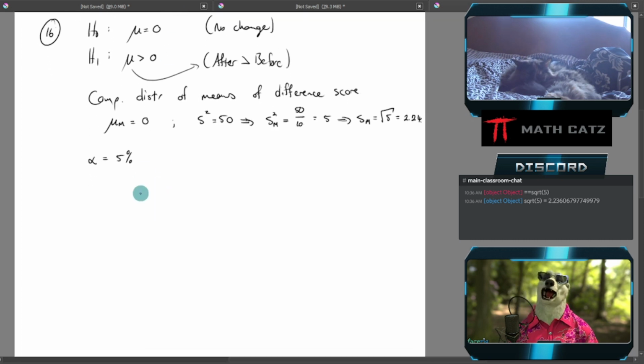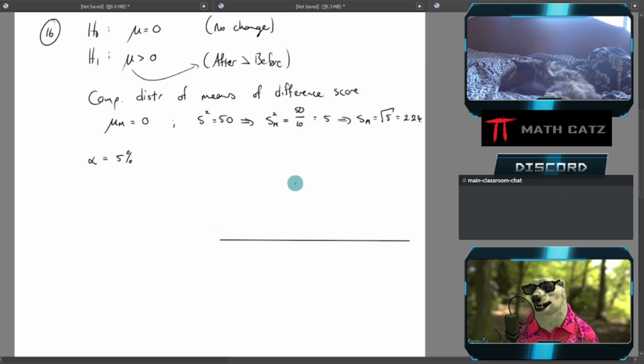So they want an alpha of 5%. Let's visualize what's happening here. Now this is the distribution of difference scores. Okay, I'm clearly struggling with the nice curvature here. There we go.